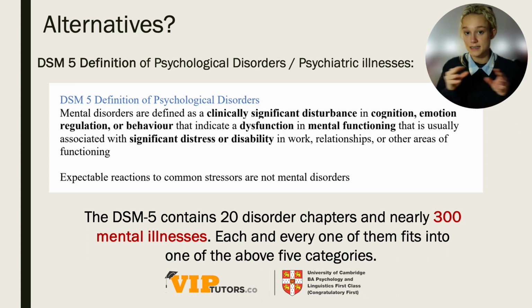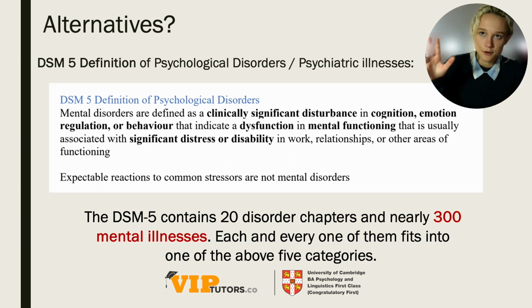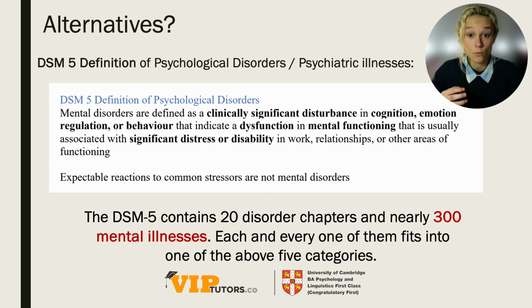So you can see in that definition they've sort of captured all of the things from before, like personal distress, impacts to society, behavioural problems, violation from the normal behaviours, and they've made a really important point at the end: expectable reactions to common stressors, so things like war, the loss of a family member, highly stressful work environments, academic stress.